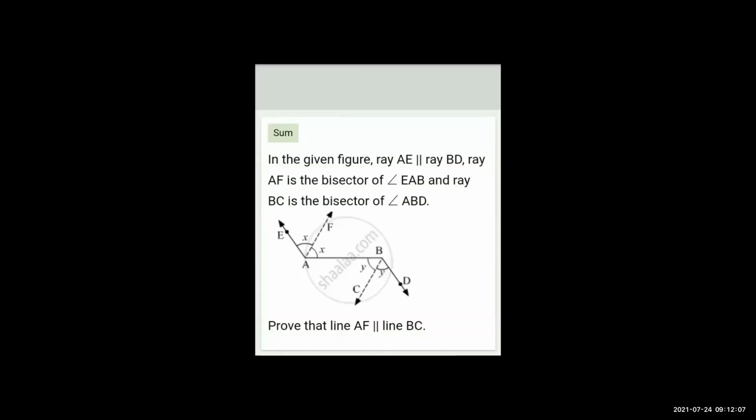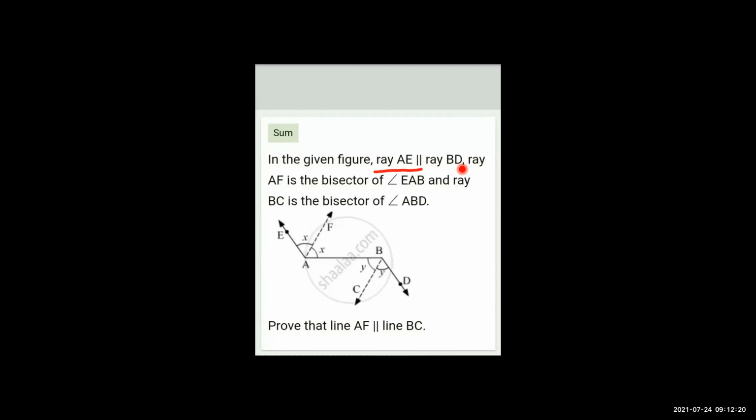Yes, now we will see the next example, that is the fifth example. Here is the example. What is given? Ray AE is parallel to ray BD.